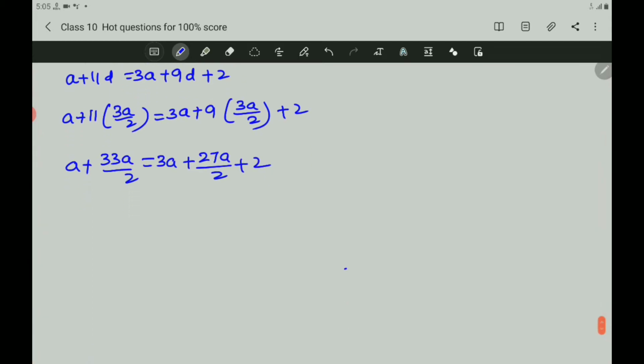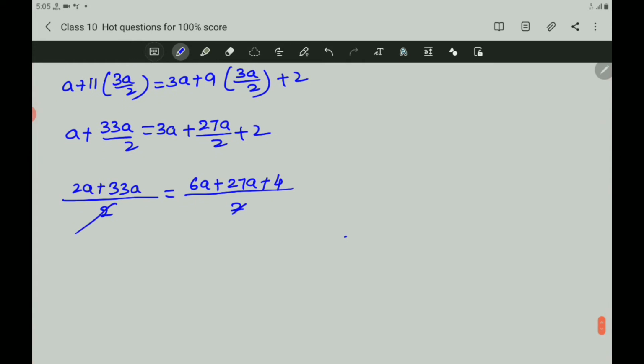Now take the LCM on both sides. The LCM is 2, so 2A plus 33A equals 3A into 2 is 6A plus 27A plus 2 twos are 4.